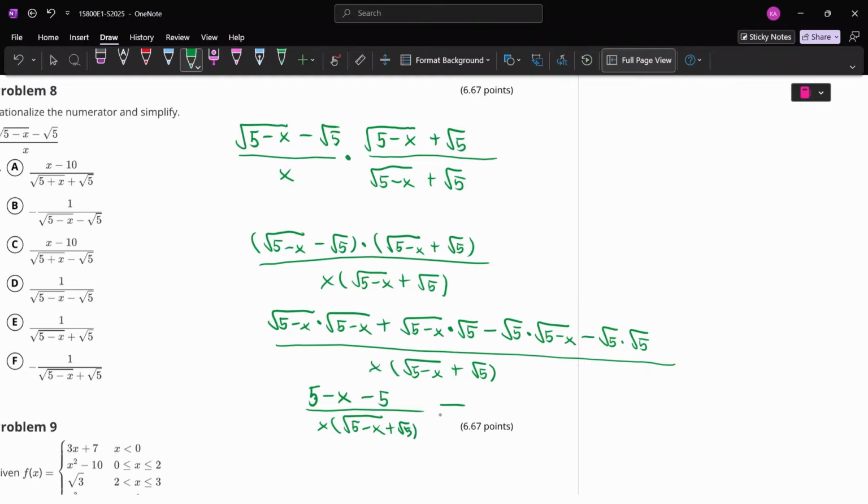And then this can simplify because this 5 cancels with that 5, so you just end up with negative x over x times the square root of 5 minus x plus the square root of 5.